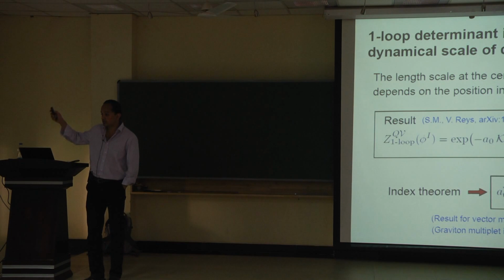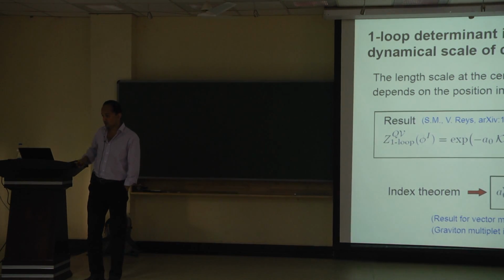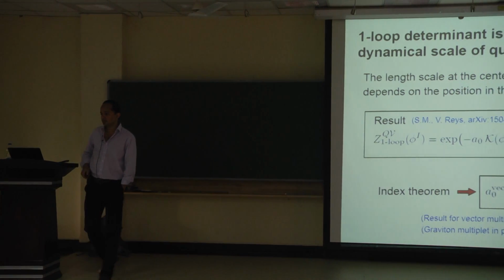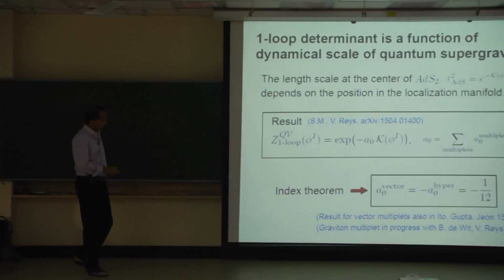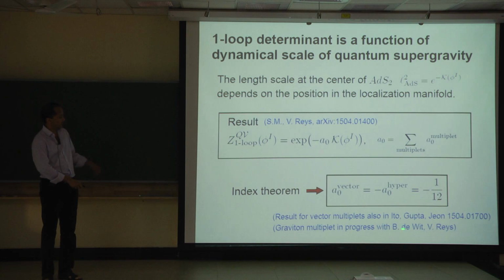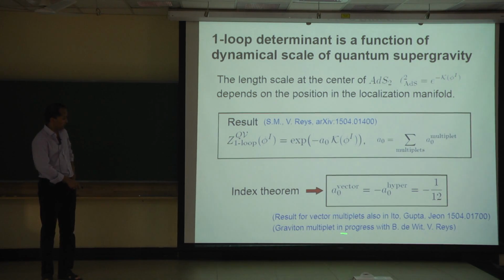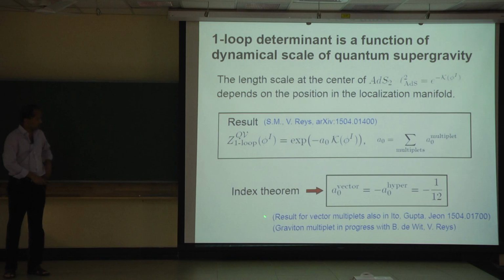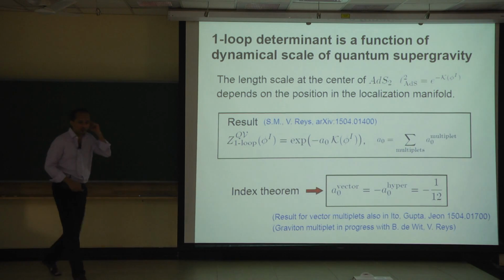So it's a sum over all the fermions of the theory, including the hypermultiplet fermions. Okay, so we're currently doing, in discussion with Valentin and Bernard de Wit, also the graviton multiplet. That's still in progress.